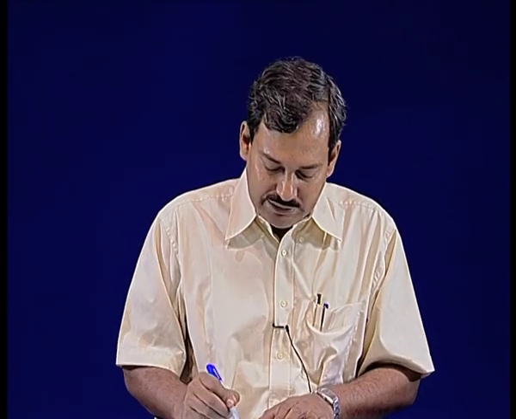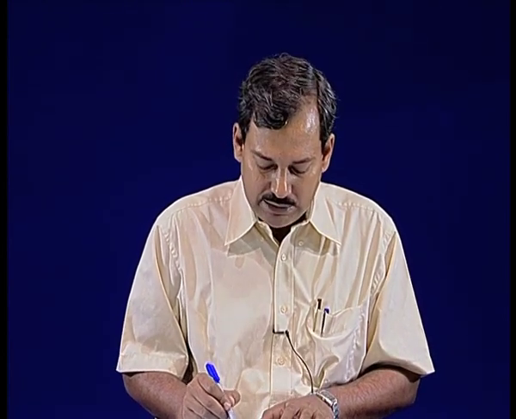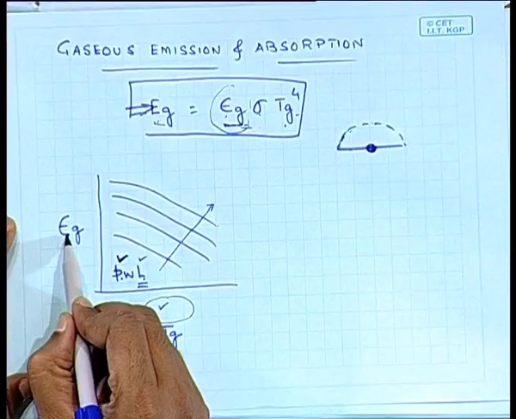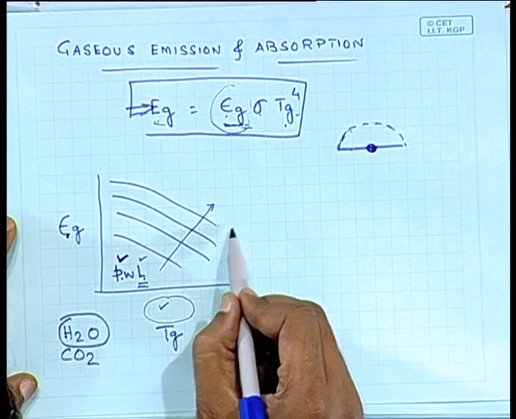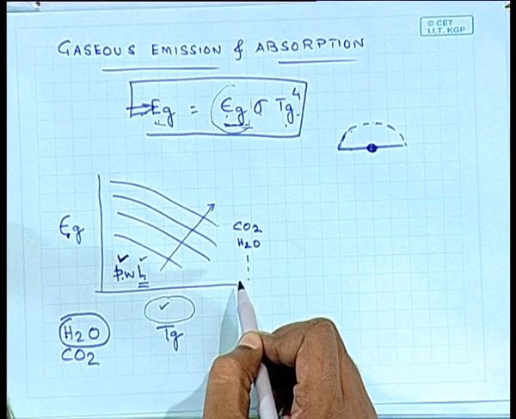So Pw is the fraction of participating medium, and L is the total amount that is present. So you have Tg, Pw and L. You can read what is epsilon g for carbon dioxide and for water and for other gases as well.